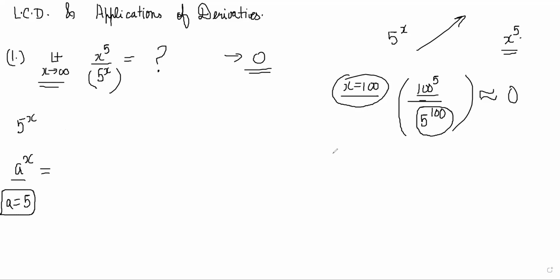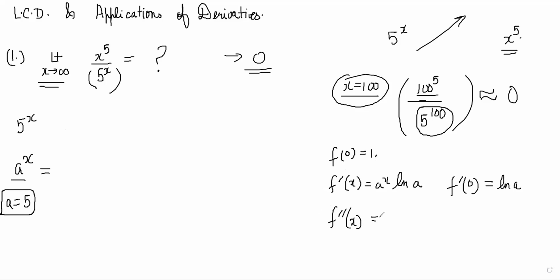So f of 0 is 1. And f dash x is a power x ln a, so f dash 0 will become ln a. And f double dash x will become again a power x ln a, since a power x differentiation is again a power x ln a.